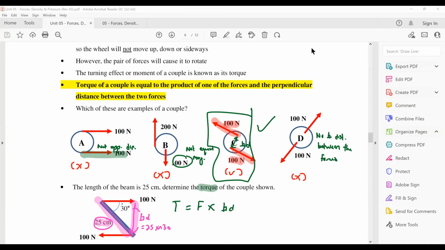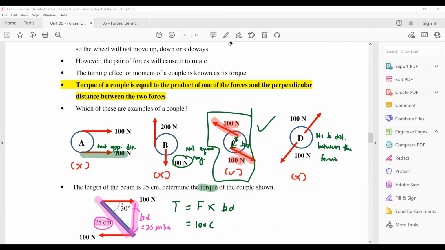So now your torque is equal to 100 times 25 sine 30. You're going to get 1,200. Oh, sorry. There's one mistake that I made here. I did not change it to meter.